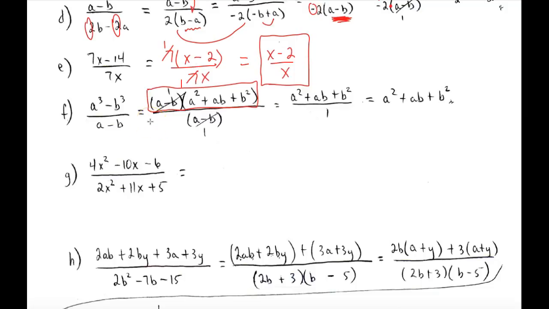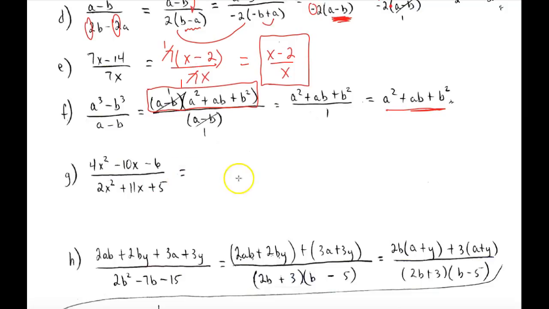That's just a common special factoring case for the difference of 2 cubes. In the denominator we have a minus b, and thus by factoring the difference of 2 cubes, we see that we have a common factor of a minus b both in the numerator and denominator. So we reduce those to 1, and all we have left is our expression a squared plus ab plus b squared.